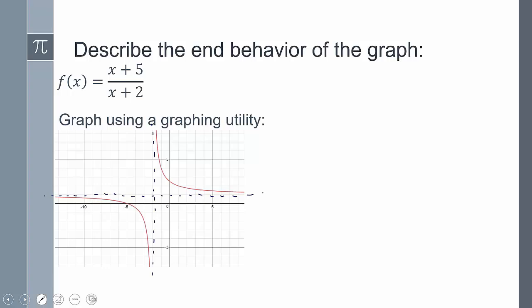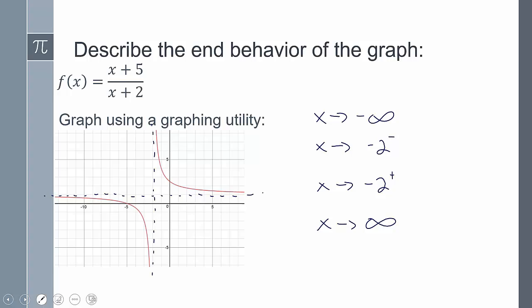So my x is doing 4 things. It's going to negative infinity. Then it's going towards this -2 from the negative direction. Then it's approaching this -2 from the positive direction. And then it's going to positive infinity. This is kind of like going in order.